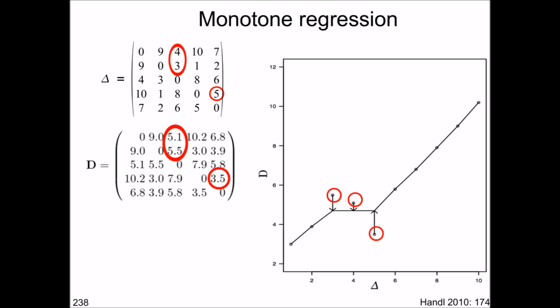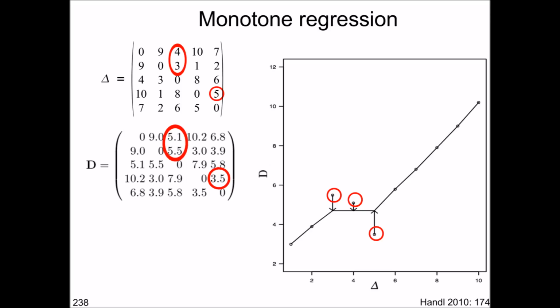Because we know that the ordered distances should be preserved, we have on the x-axis the initial distances, and on the y-axis the distances in the initial configuration matrix. We know that here we have some deviation.